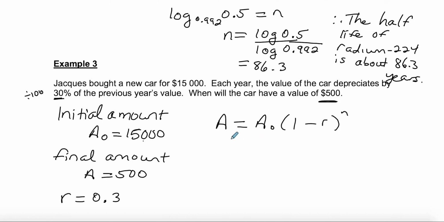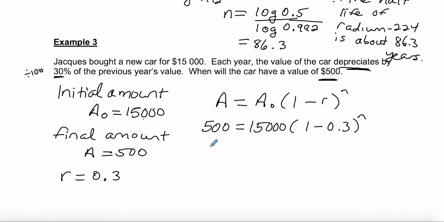And I know to use the exponential decay formula where I have a minus sign here because the car is depreciating in value. So anytime something is going down in the amount, we would always use the decay formula. So our final amount is smaller than what we started with, and I sub in everything that I know.